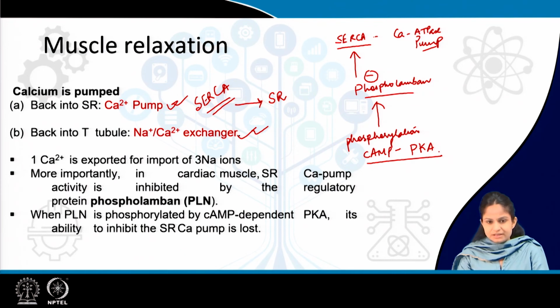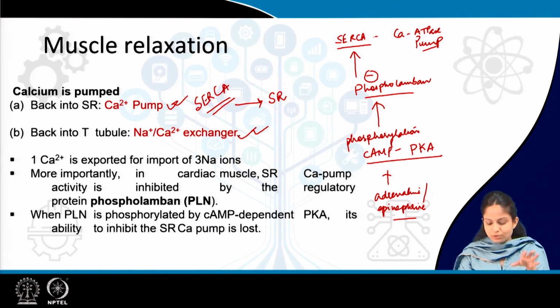Generally, there is a very common, important drug known as epinephrine or adrenaline. They usually cause or affect this Sarka pump activity. So, Sarka pump is usually kept inhibited by the phospholamban molecule.